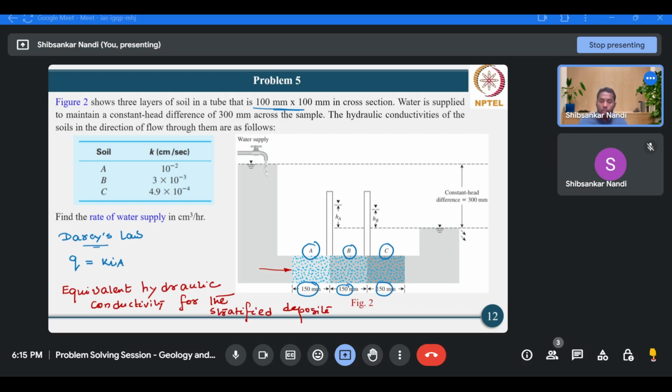Please note a point here. Either you can recall the final expression for the equivalent hydraulic conductivity, otherwise you can derive it from the very beginning, from the fundamentals. That will do for this problem here.